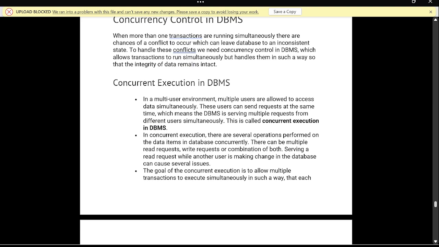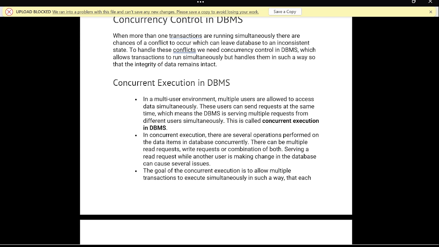The next one is concurrent execution. That is nothing but when several operations are performed on a data item in the database concurrently. That is, multiple read requests and multiple write requests, or a combination of both, are placed on a database at the same time. That leads to several issues. Let's take an example.